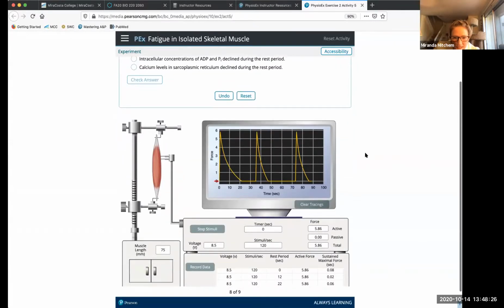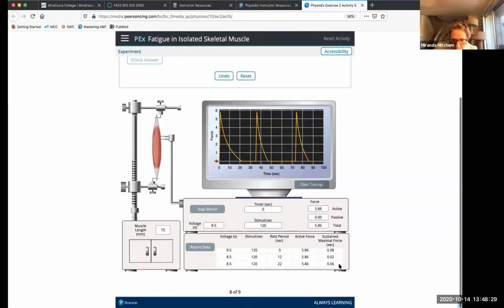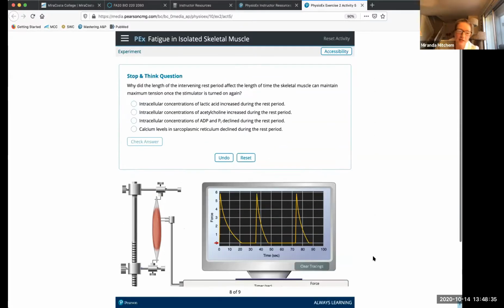So we go from 0.08 to 0.02 to 0.06. I'm trying to really appreciate a trend there. Every time it's being stimulated, it's a new cycle, right? So our calcium levels are able to get back.